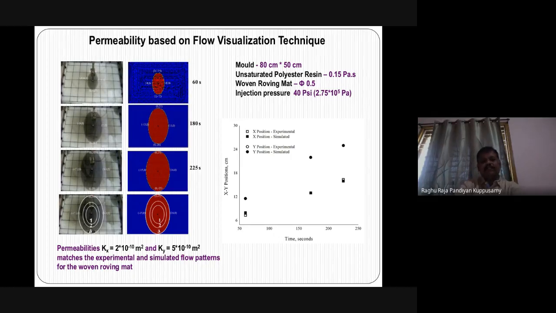Ky, that is permeability in the y direction, is 5 into 10 power minus 10 meter square. For these two permeabilities, for woven drawn mat using unsaturated resin, the experimental flow front position and the simulation flow front position matched perfectly. So this is the effective permeability for the woven drawn mat in the X direction as well as the Y direction.